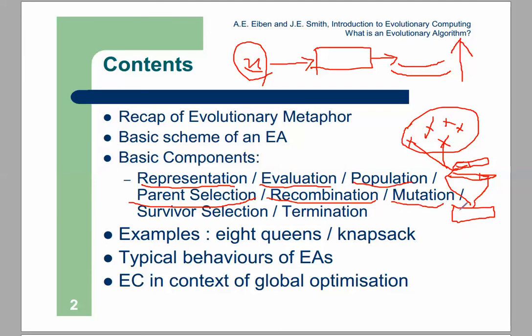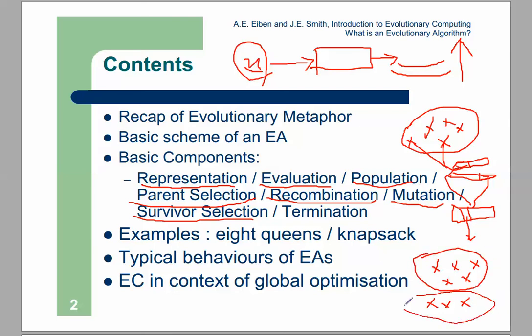Mutation is a jump in some values of a gene. Some genes change randomly, and it is called mutation. Survival selection: after we produce some offspring or children, we have a population of parents and a population of offspring.